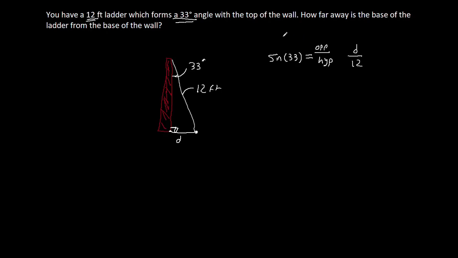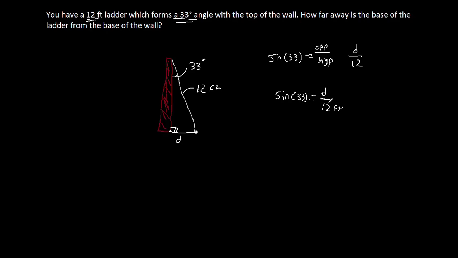So right, we've got our unknown here, and our known here, and our known here. So we're actually not going to be using tangent in this case; we're going to be using sine. We would say the sine of 33 degrees is going to be equal to D, which is the distance from the base of the wall to the base of the ladder, divided by the hypotenuse, which we said was 12 feet.